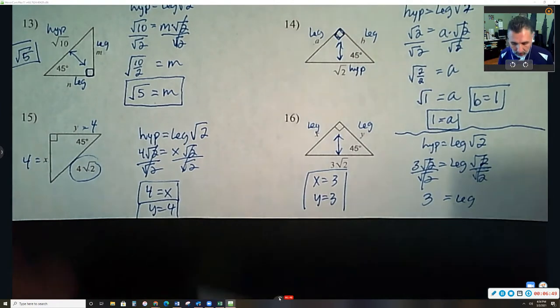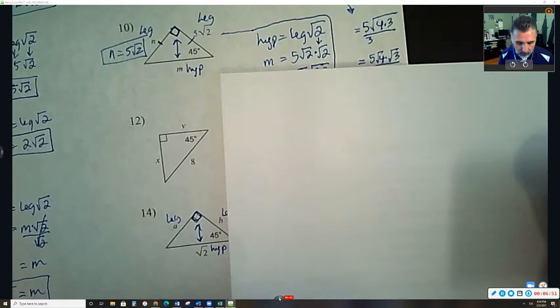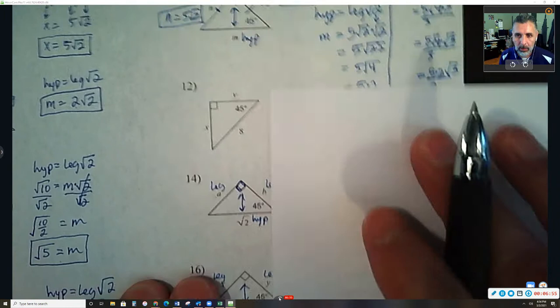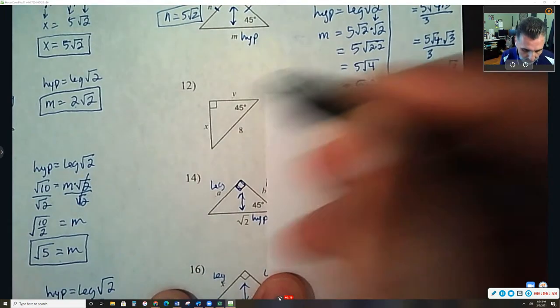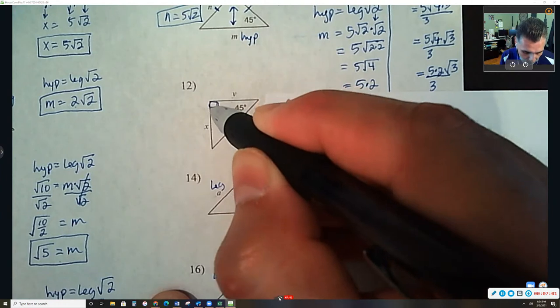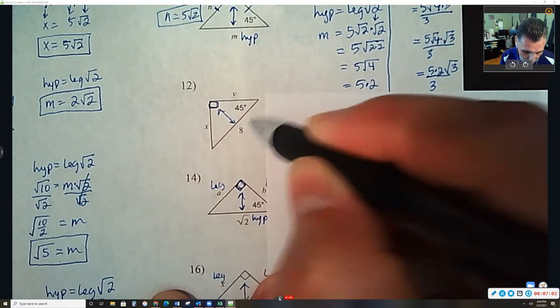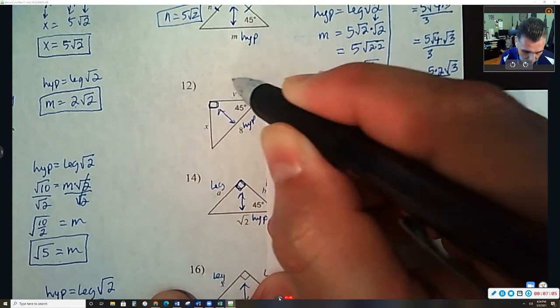Let me go back to number 12. Number 12, I don't have a lot of space here, so I'm going to do it on this other paper. Again, I'm going to keep doing the same thing though. That's the hypotenuse, and then these are legs.